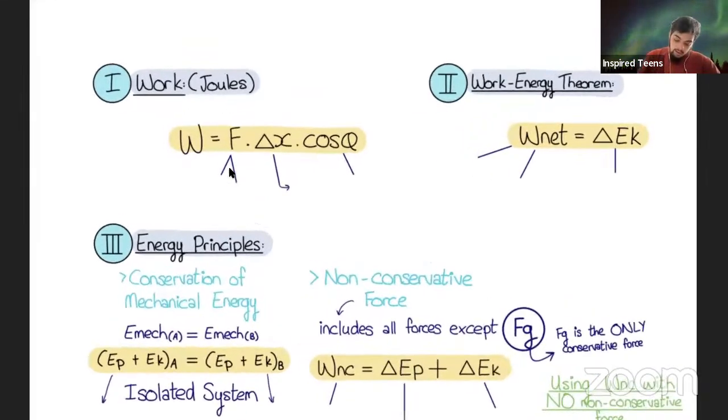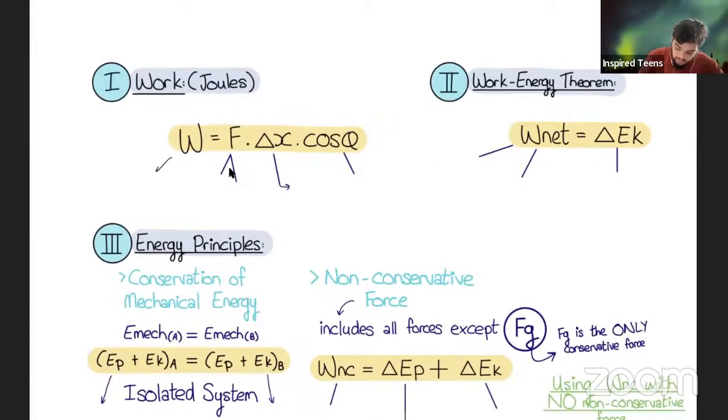This is work done on an object. We work with work done on a single object. The work done formula is as follows: F times delta X times cosine theta.